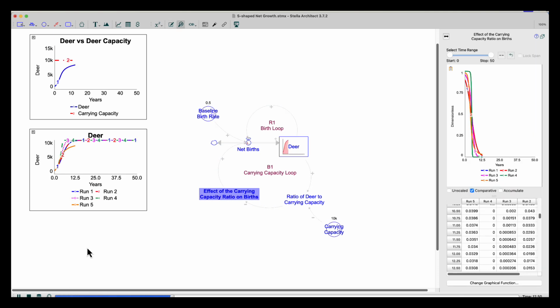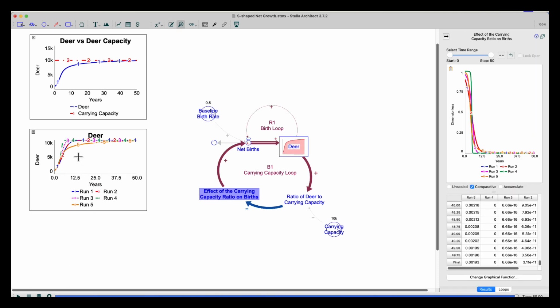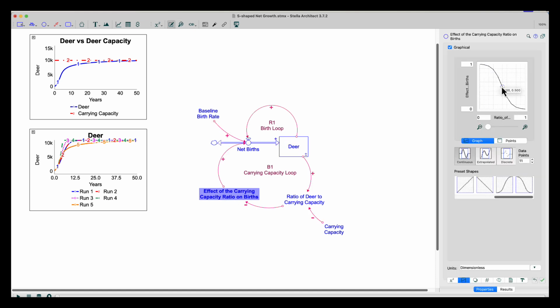And I will simulate this one more time, and you can see that it's growing very slowly now as it approaches. And what's happened is I've started to slide down this graph, or this graphical function, so that it's at 60%. It says the output there is approximately 0.26, so I've reduced the birth rate by about 75% because of crowding in this case, is what we're arguing.